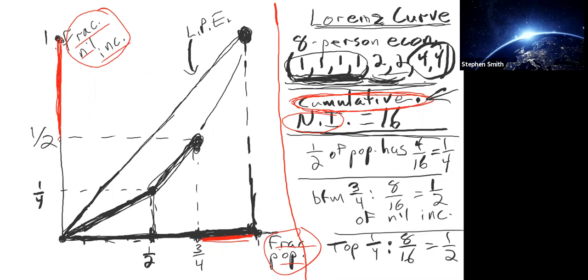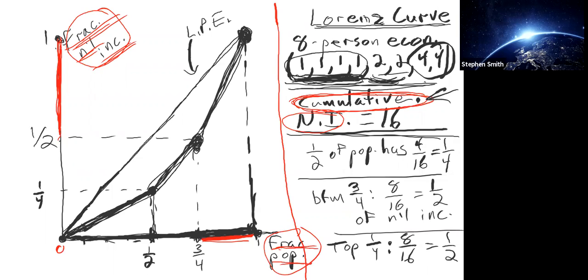So we can complete our line segment like this. And that is our construction of the Lorenz curve. So with these few things to keep in mind, I think everybody will always get this right. First, we're always talking about fractions, or if you want, percentages, not numbers. Fractions and fractions.